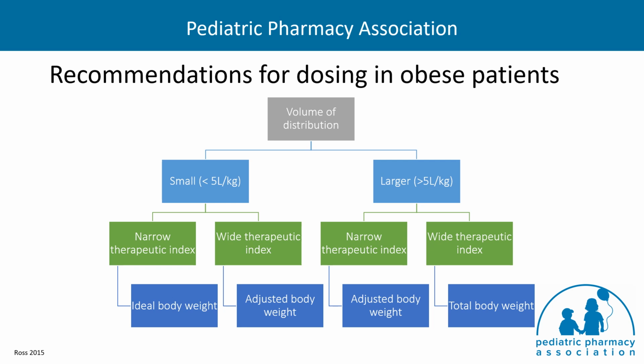If you have a very large volume of distribution and there's a wide margin for error, it's pretty safe to use the total body weight. Luckily, most medications in the pediatric population can be dosed by total body weight, but being familiar with the exceptions is a great idea because it will prevent adverse effects and the toxicities that are associated with excessive dosing.